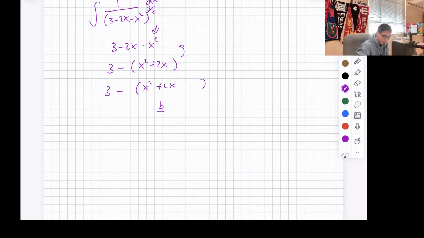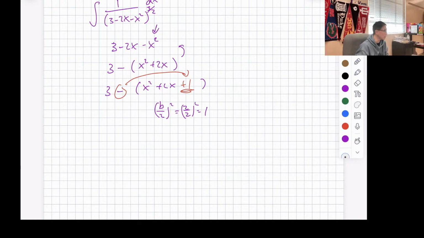Now b divided by 2 squared, which is 2 divided by 2 squared, which is 1. And I'm going to add 1 here. But you have to think about what that affects in the whole thing. If you're adding 1 here, but there's a negative sign, it's affecting this. It's like electrons. You have a net loss of negative 1, so you must gain 1 in front.